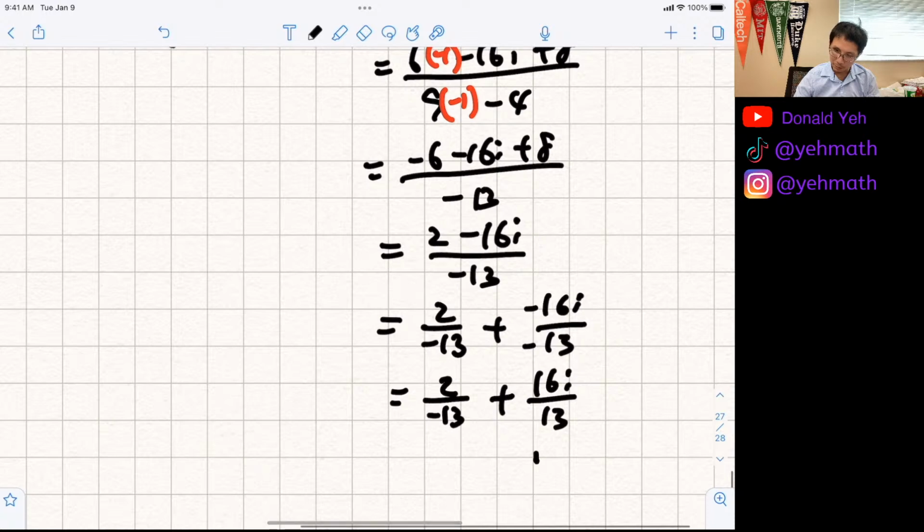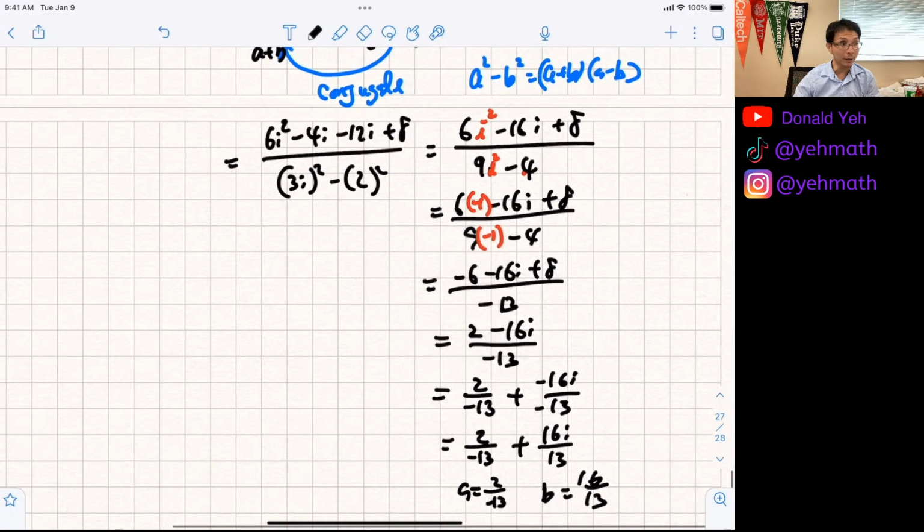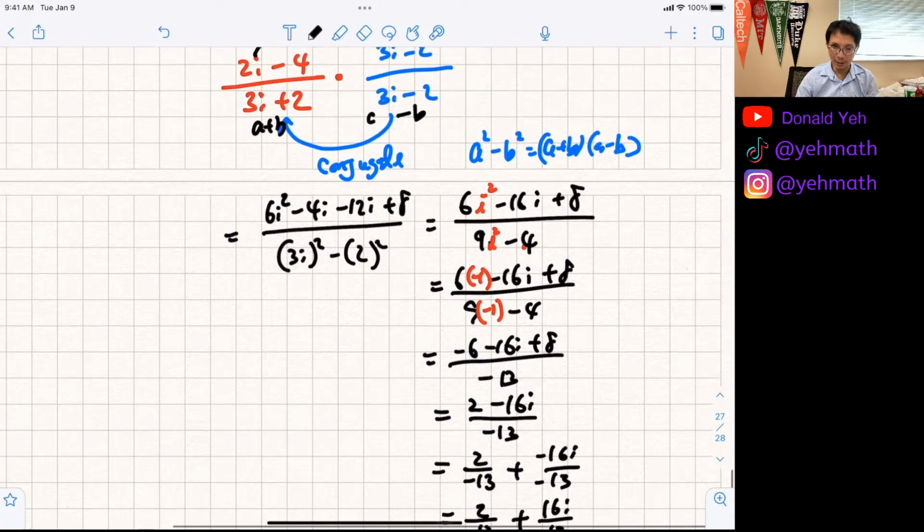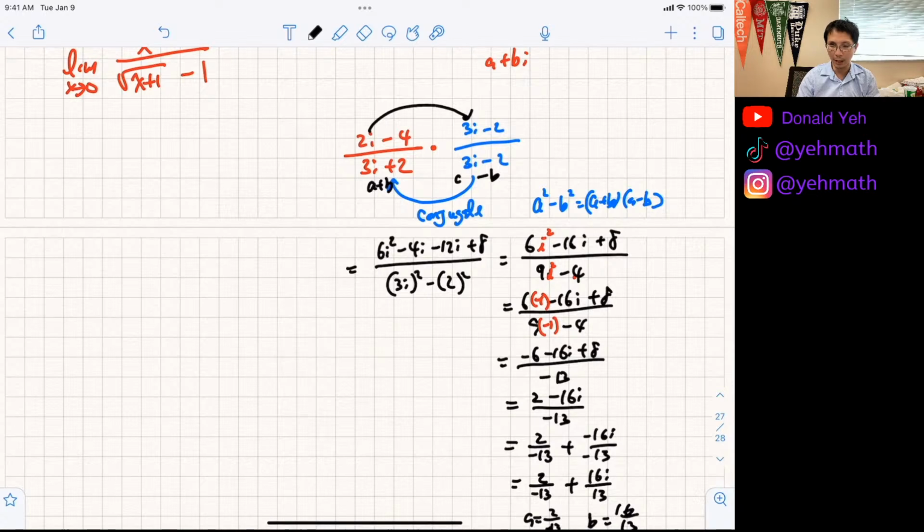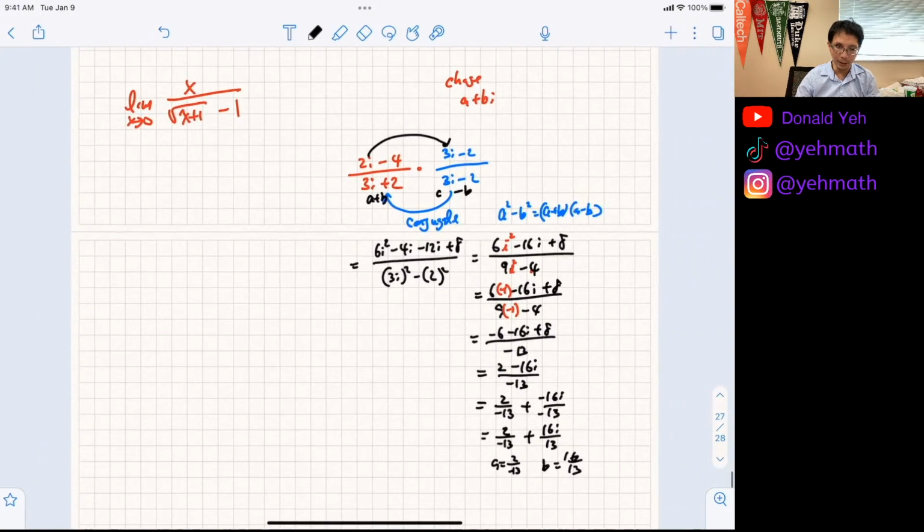So b is going to be equal to 16 over 13. a is equal to 2 over negative 13. So a plus bi form, this is one of the things that they test on the SAT. They might just test the bottom. They might just test the top. It's just multiplying 2i minus 4 times 3i minus 2. Now this is one thing that you're going to get. It's called conjugate. How does that question help me here?